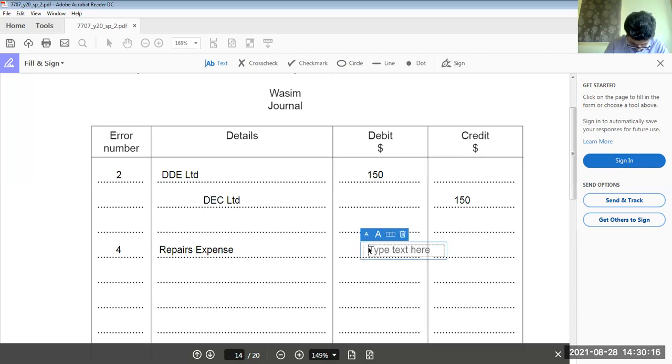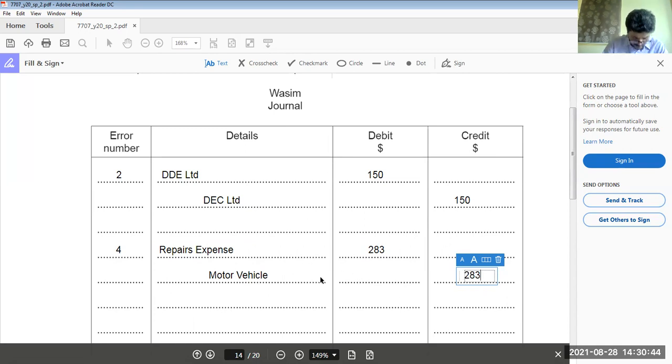It's going to be debited 283, and motor vehicle is going to be credited. Done.